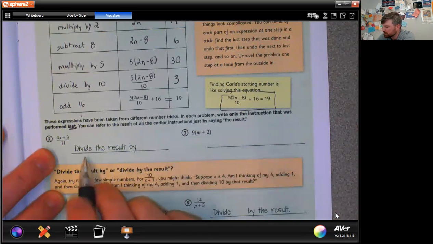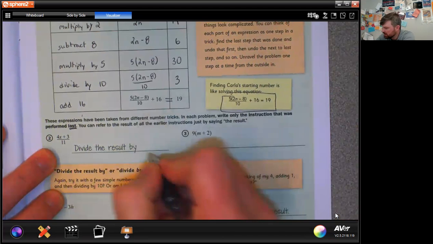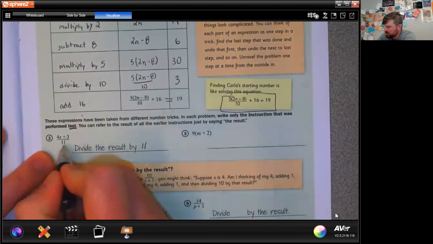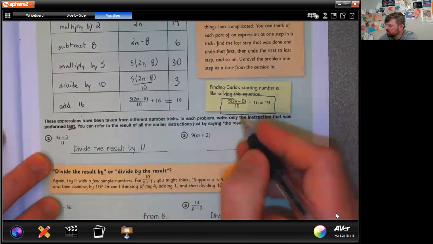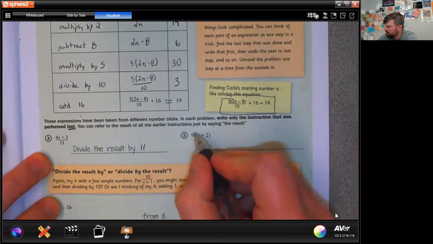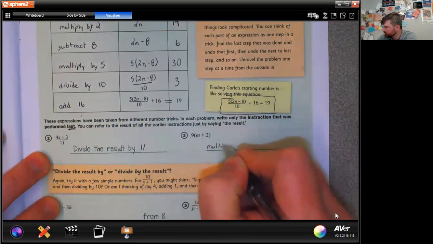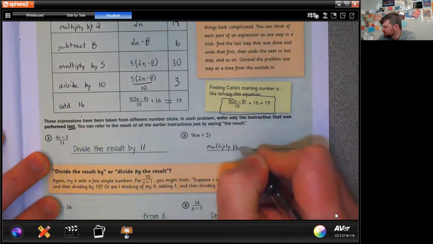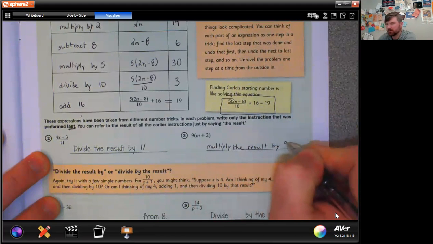Divide the result, which means the previous step, by 11. This divide by 11 is the last thing they did. Here, the last thing they do is multiply by 9. So we're going to multiply the result by 9.